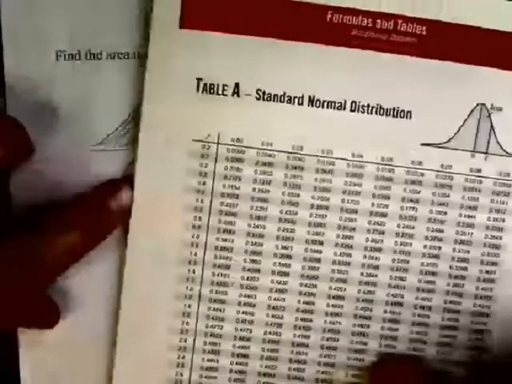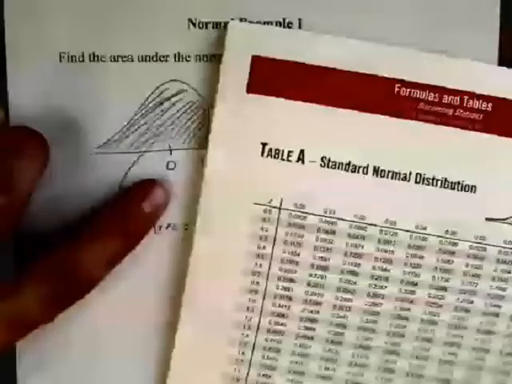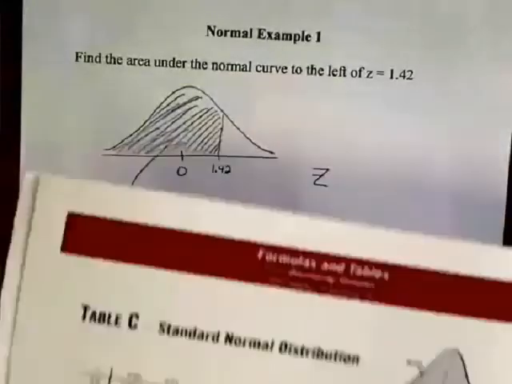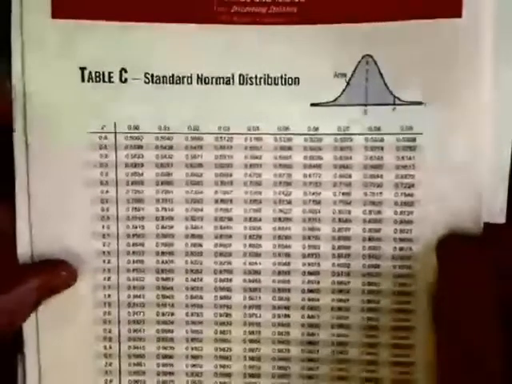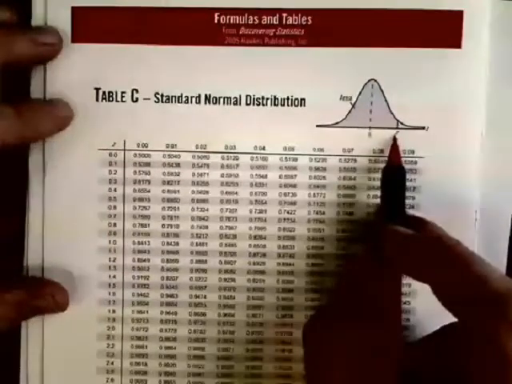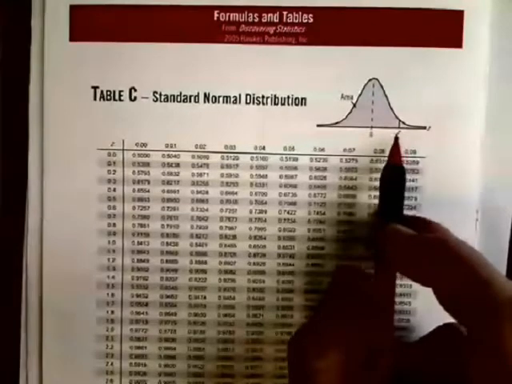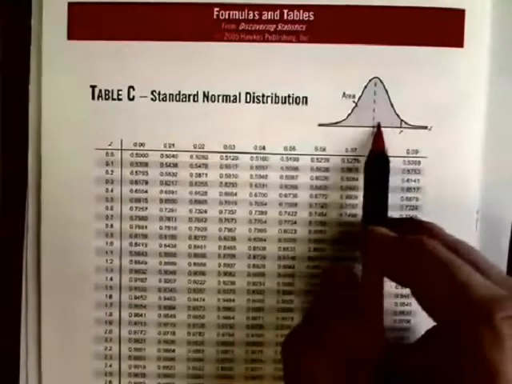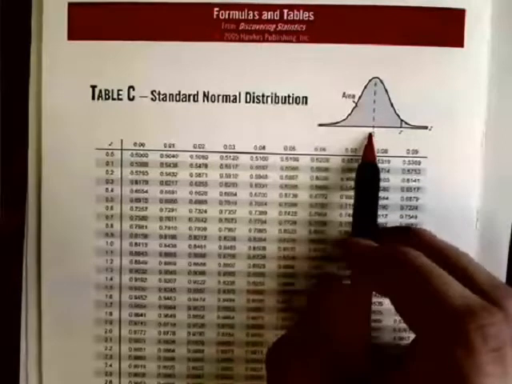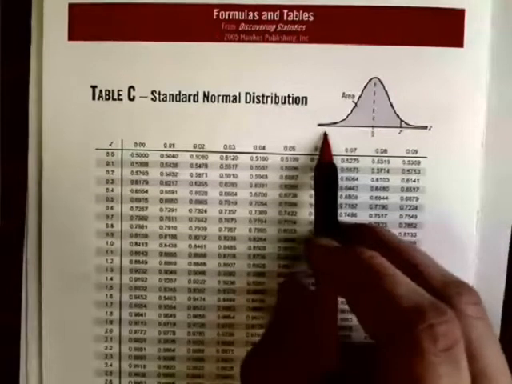Now, table C is a little bit different. Go ahead and turn it around here. Table C gives me areas from negative infinity up to a particular z-score. So it's actually the area that I get from table A plus 0.5. That is the area to the left of 0.